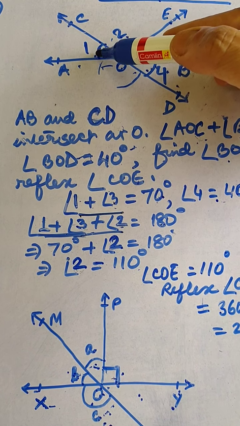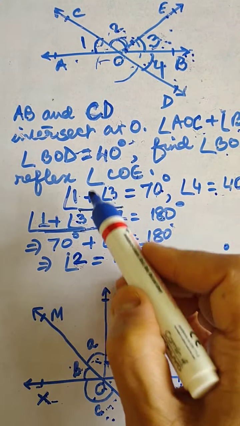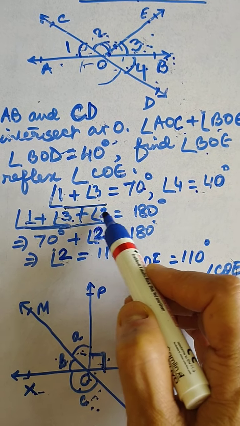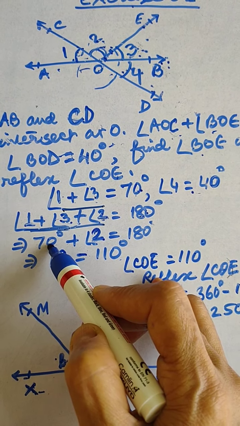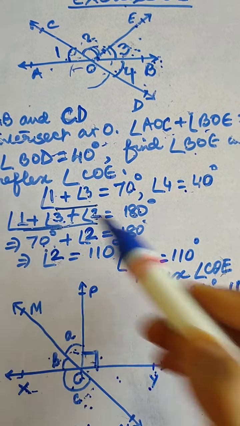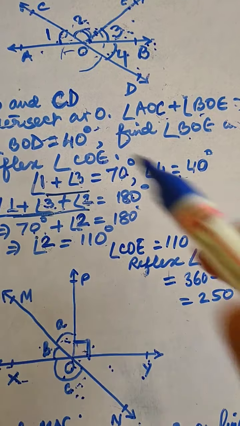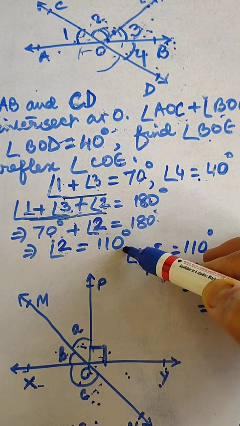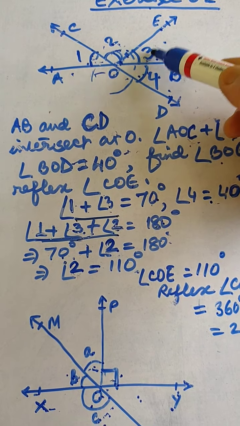So we can write 1 plus 2 plus 3 equal to 180 degrees, that is, 1 plus 3 plus 2 equal to 180 degrees. I wrote 1 plus 3 plus 2 because 1 plus 3 has been given as 70 degrees, so it becomes easier to replace the values. So 1 plus 3 we wrote as 70 degrees, and angle 2 we will get as 110. Now here you have seen I have given the names of the angles as 1, 2, 3, 4.